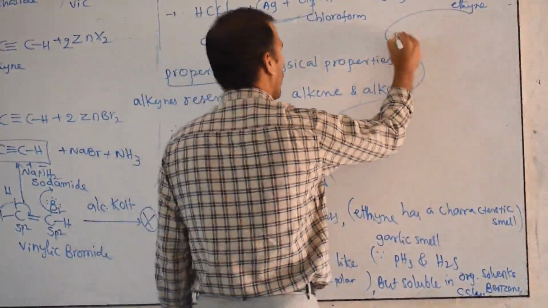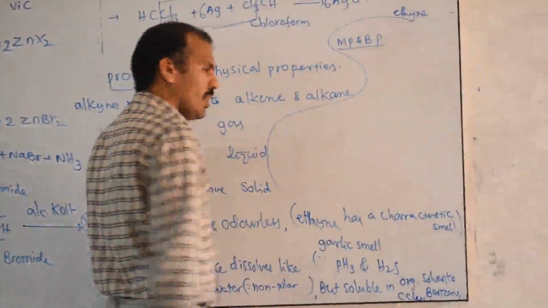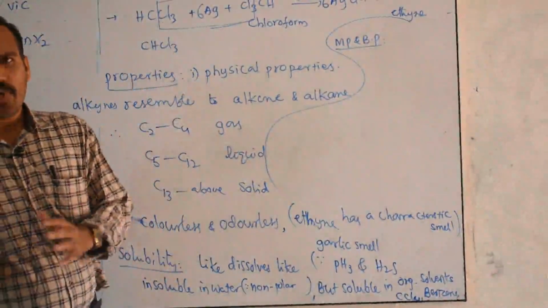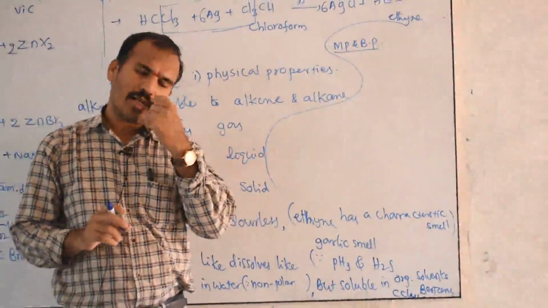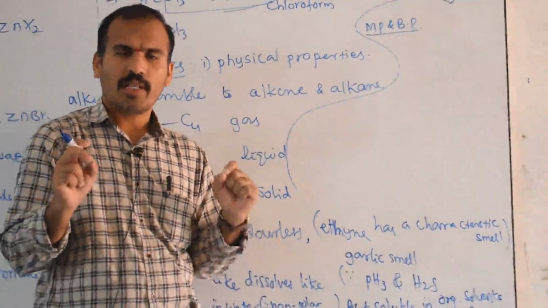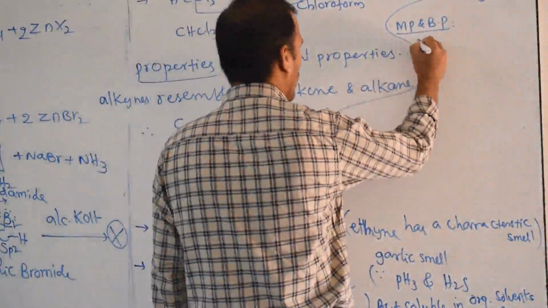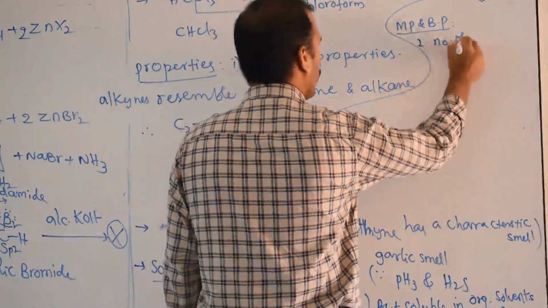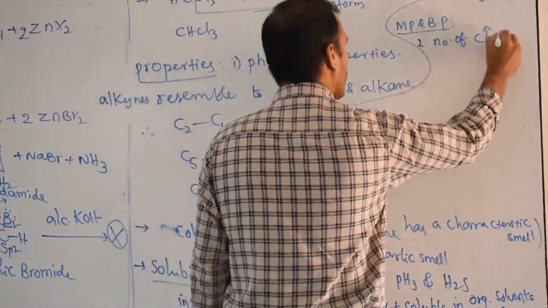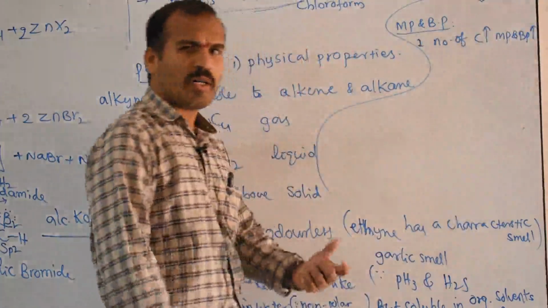Now melting point and boiling point, MP and BP. This statement is also applicable to this chapter, because in the previous chapter we already discussed that as the number of carbons increases, melting point and boiling point increase. The first point: as the number of carbons increases, MP and BP increase, because mass increases.